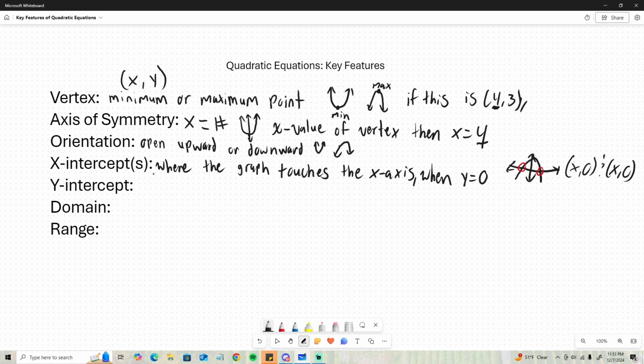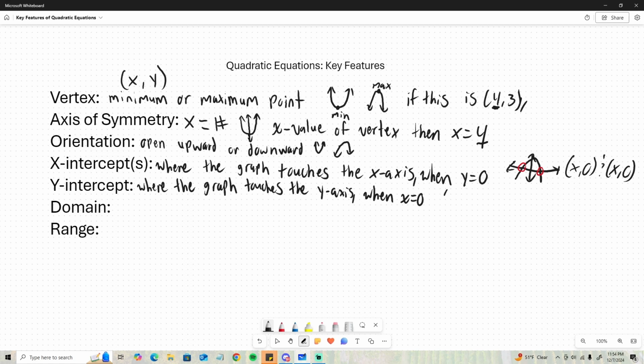My y-intercept is a little different. I can only have one of these, and this is where the graph touches the y-axis, when x equals 0.